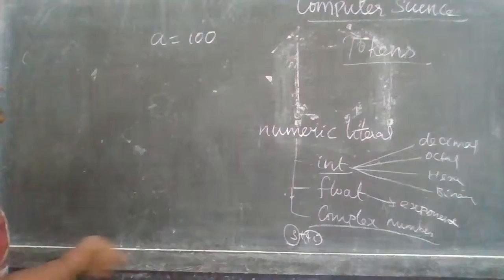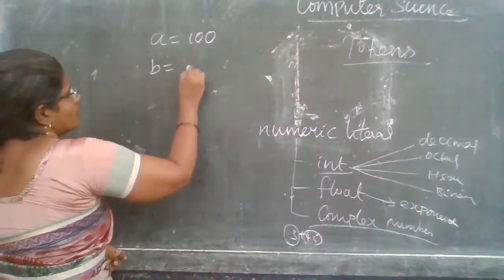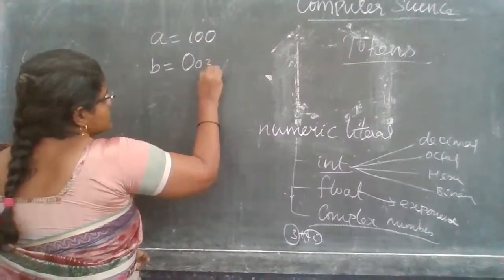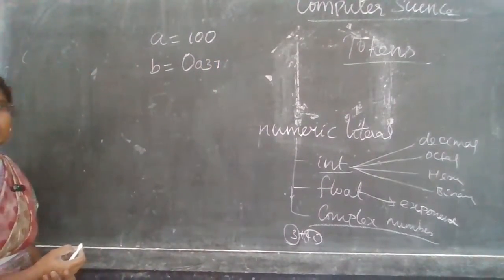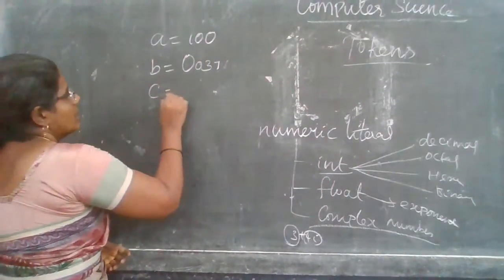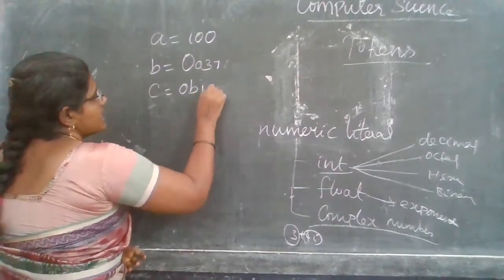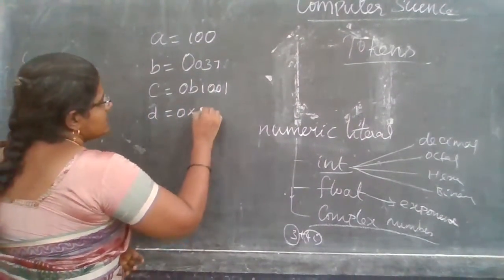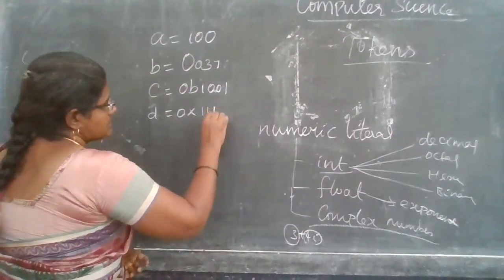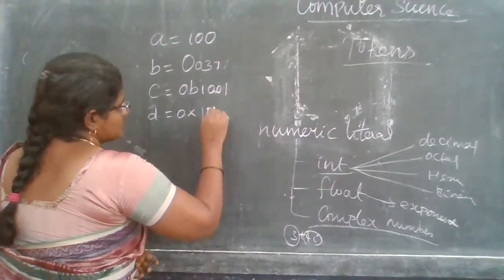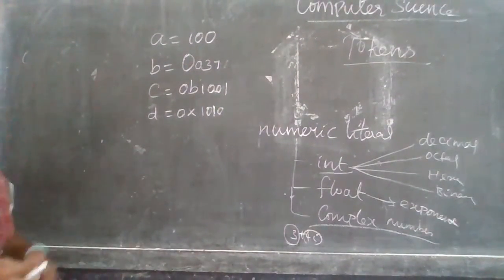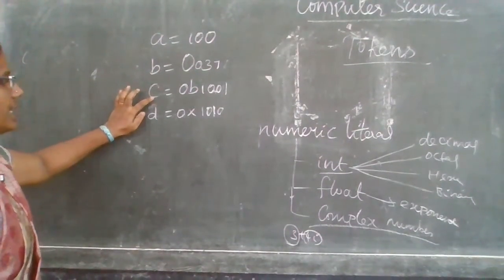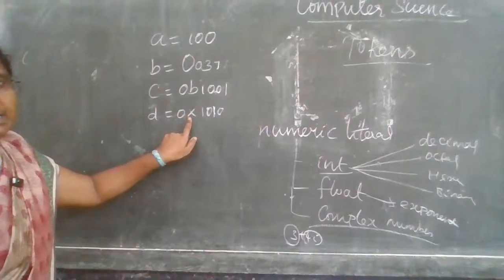Suppose I use a numeric literal beginning with 0 and O, that is considered an octal literal. 0b means it is considered a binary literal. 0x means it is considered a hexadecimal literal. Okay, this is the decimal literal, this one is octal, this one is binary literal, this one is hexadecimal literal.